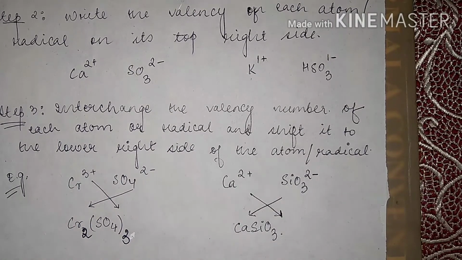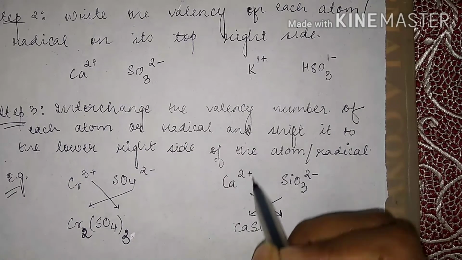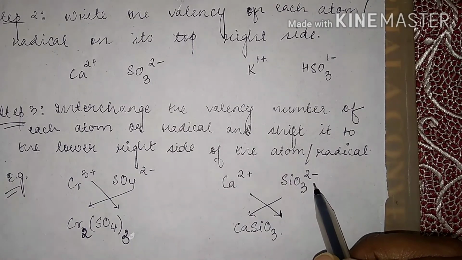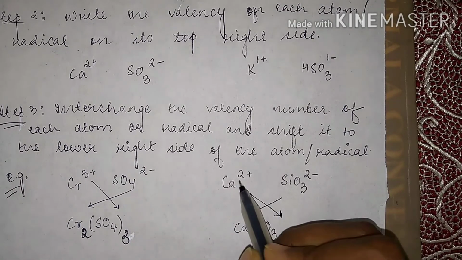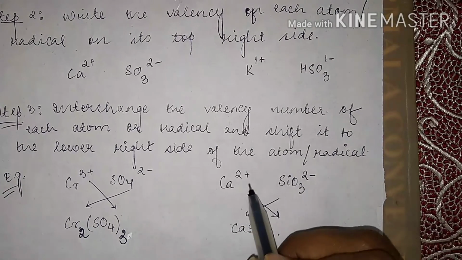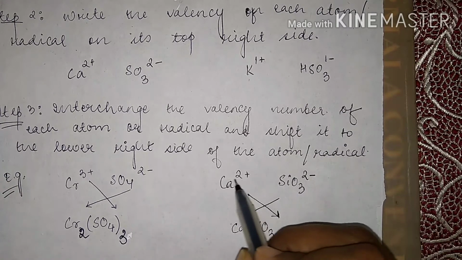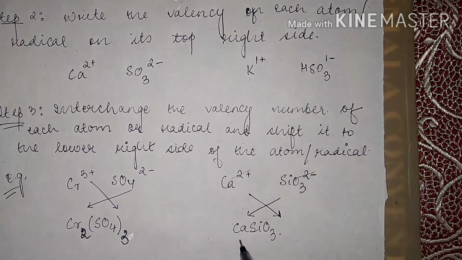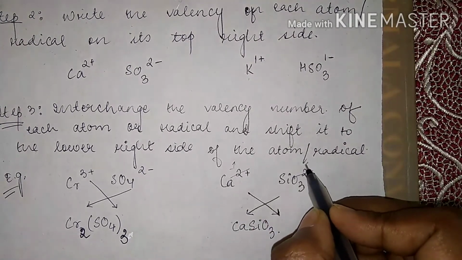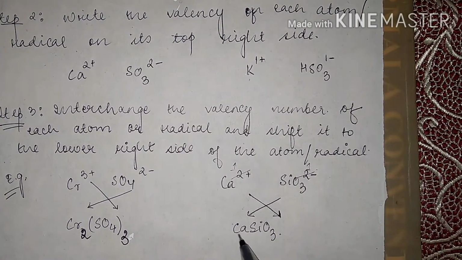Here we have another example of calcium silicate. The valency of calcium we know is 2 plus and silicate radical has the valency of 2 negative. So as we see, both have the same valencies, only the signs are different. Here it's 2 positive and here 2 negative, so we cancel it out. And it turns out to be 1 here and 1 here. After interchanging it, it's CaSiO3.